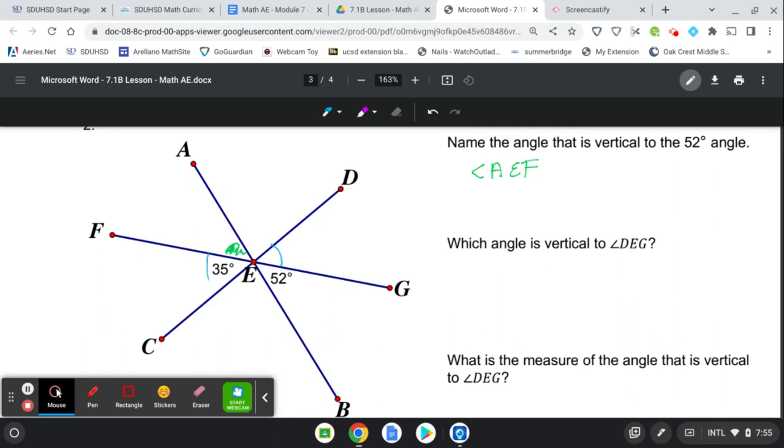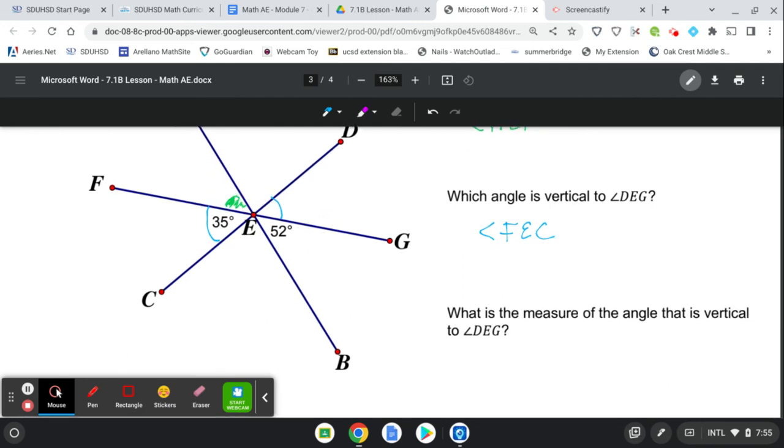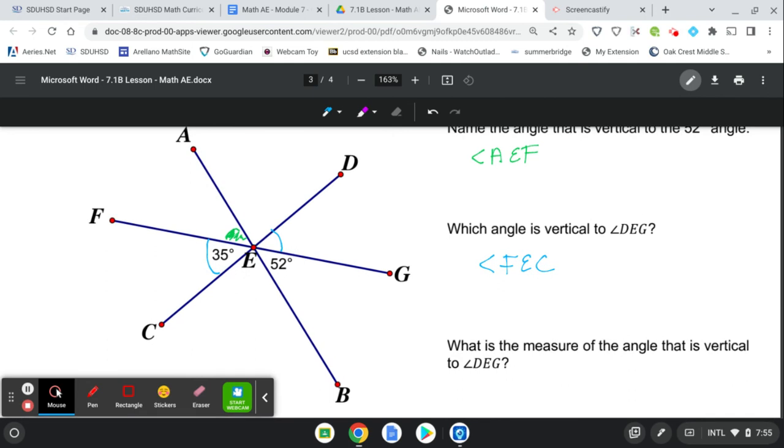The angle that's vertical to it would be the one across from it, so that would be angle FEC. And that would be 35 degrees.